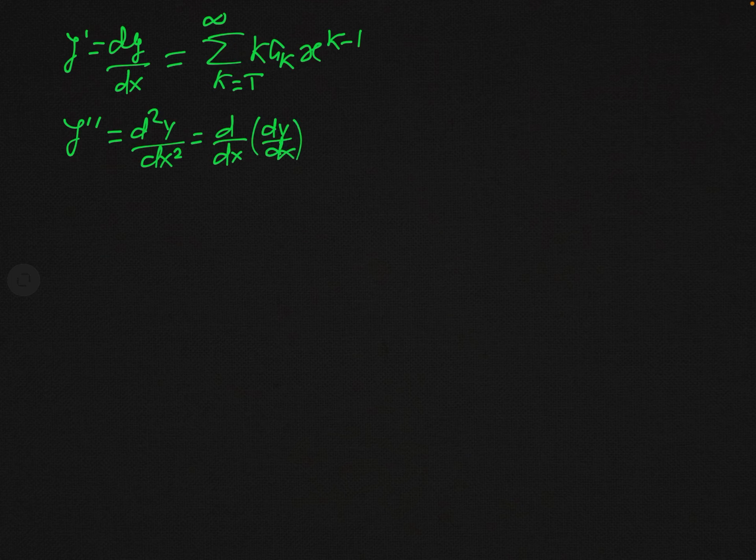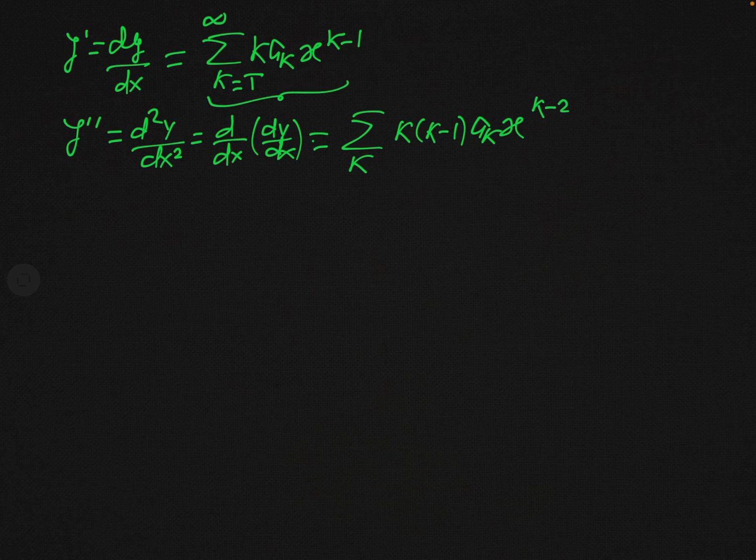And dy by dx has already been found here, so again differentiate this and then you will get y double prime. This will be summation over k into k minus 1 into ak into x to the power k minus 2.